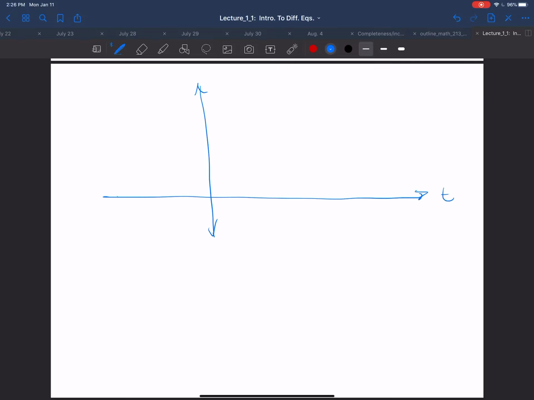So here's our t-axis. Suppose we're going to plot x on the vertical axis, but actually we'll also plot some derivatives of x.